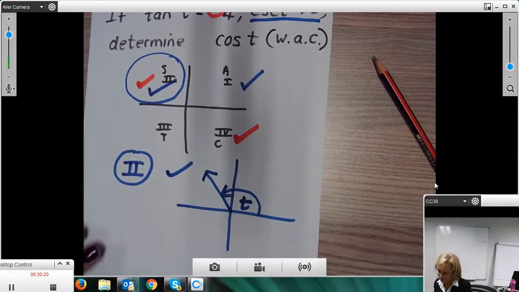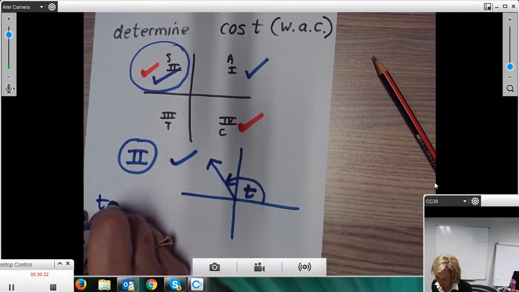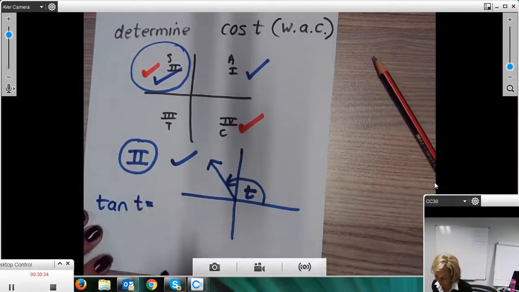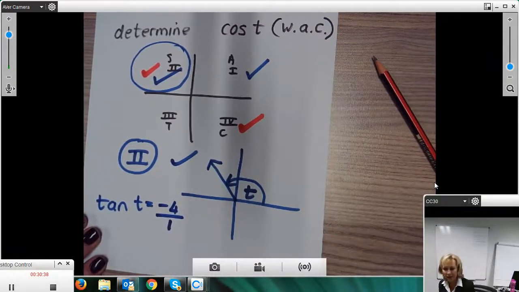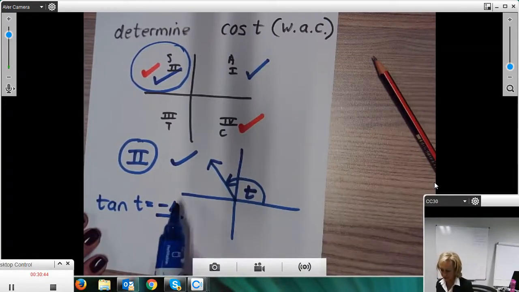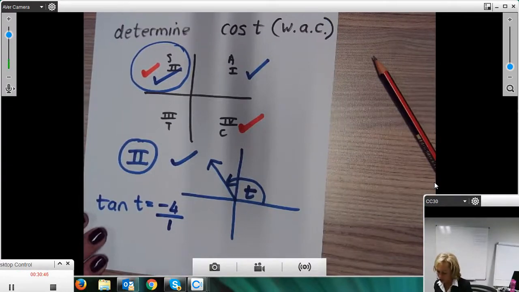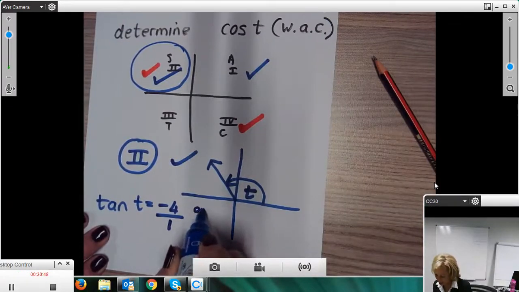The next thing we have to see is how can we use the fact that tan T is -4. All right, we'll rewrite it. Any real number can be written as a ratio. So -4 can be written as -4/1. Now what was tan? It was opposite over adjacent.